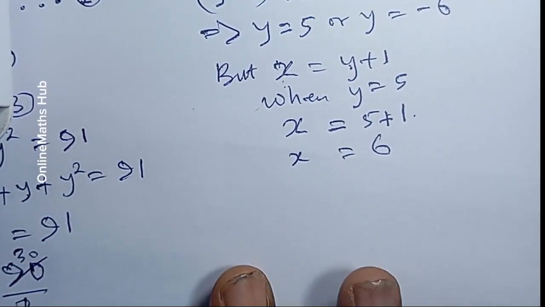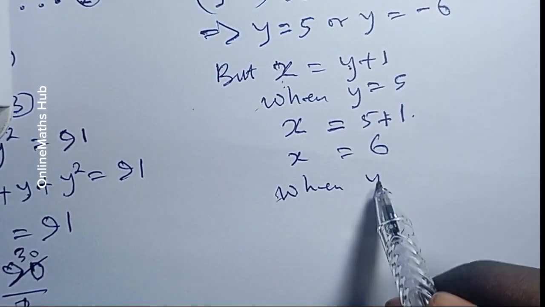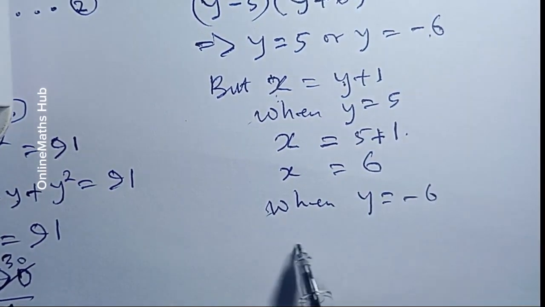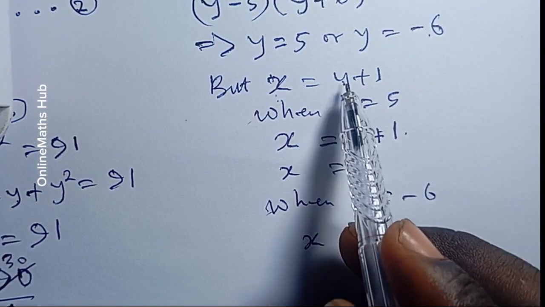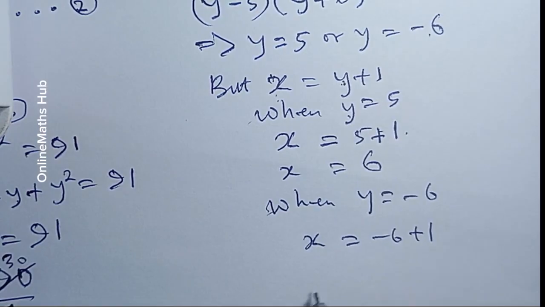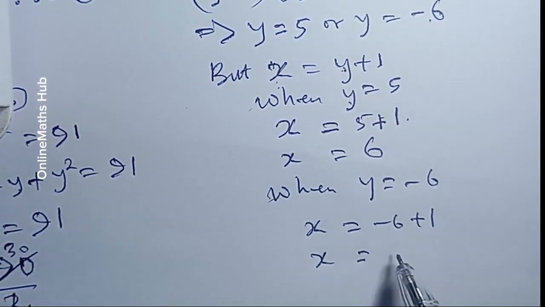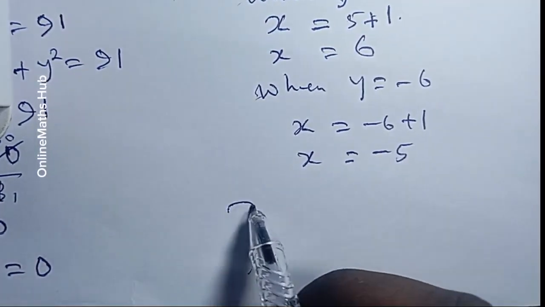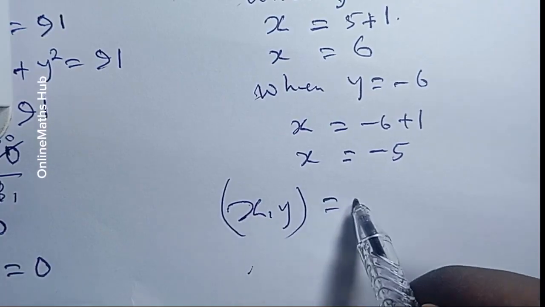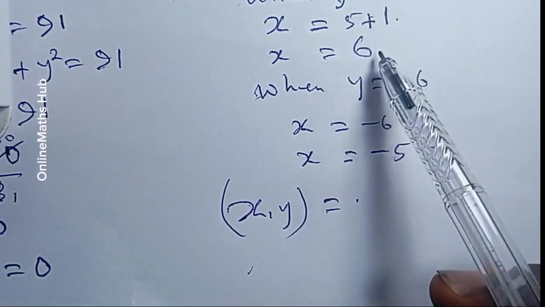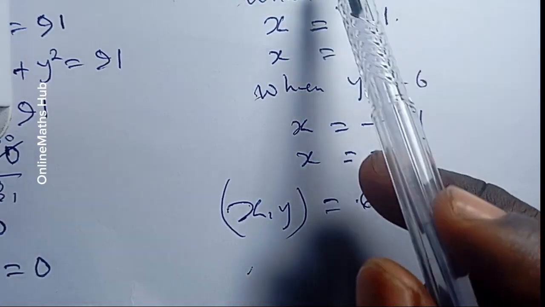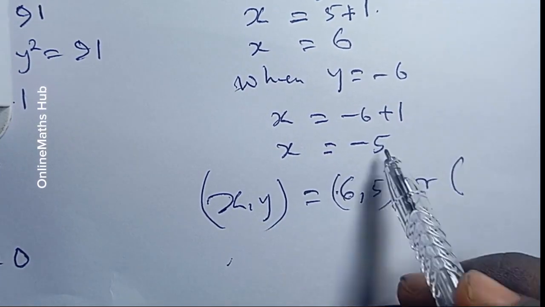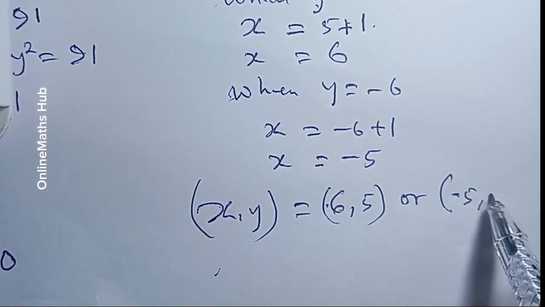And then when y is equal to minus 6, as it is over here, our x is going to be equal to minus 6 plus 1, which is equal to negative 5. So putting all of the solutions together, x comma y is equal to 6 comma 5, or the second one, minus 5 comma minus 6.